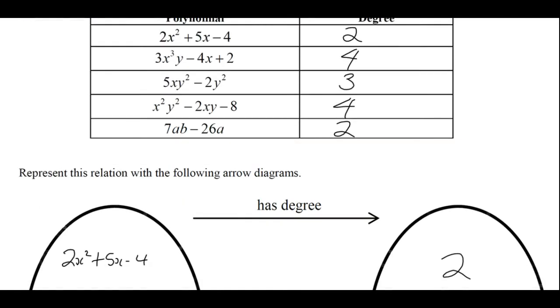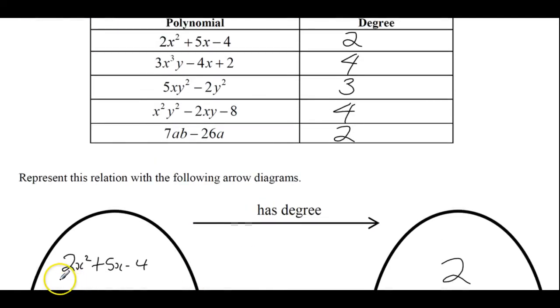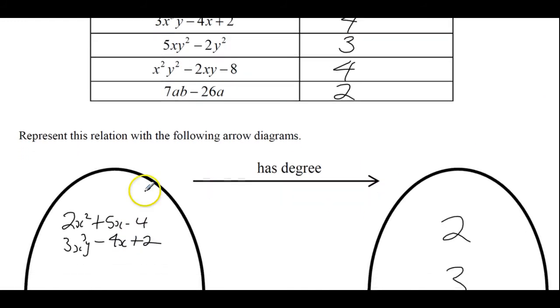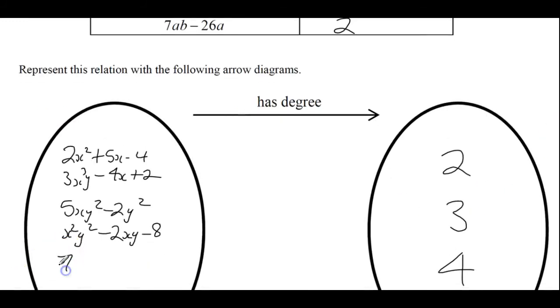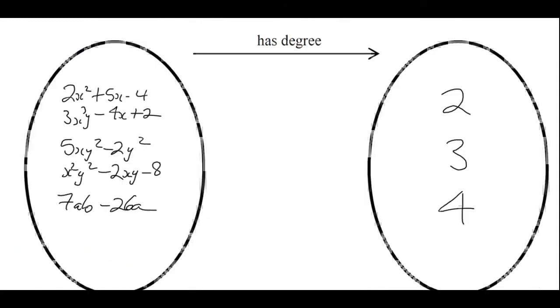And here we're going to list each of the polynomials. 3x cubed y minus 4x plus 2, 5xy squared minus 2y squared, x squared y squared minus 2xy minus 8, 7ab minus 26a.